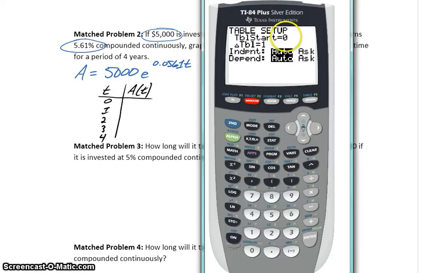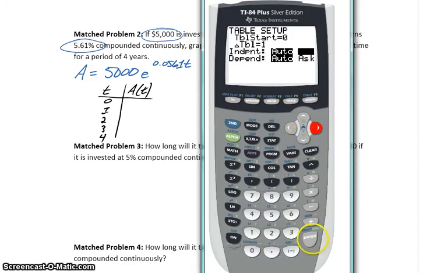By default, your table start should be set to 0, and delta table should be set to 1. So basically our x values are going to start at 0 and increase by intervals of 1. If we wanted to jump by intervals of 5, we would change that to 5. If we wanted to jump to every other year, we could change that to 2. If these are both set to auto, then our table is going to fill out automatically for us.